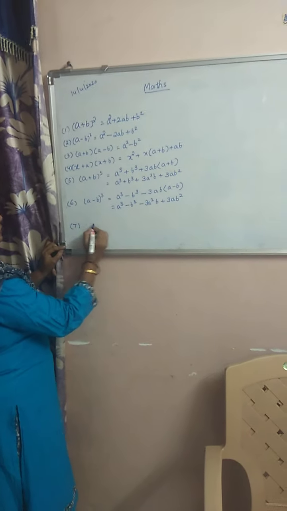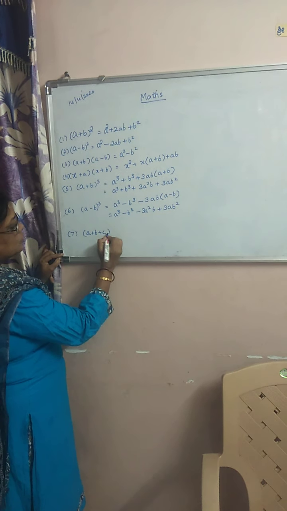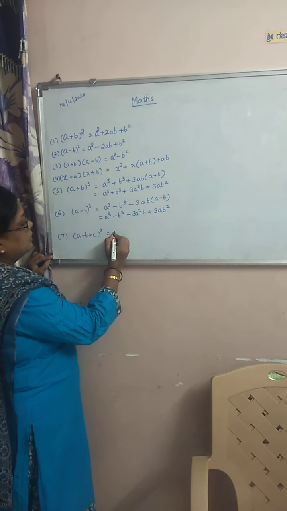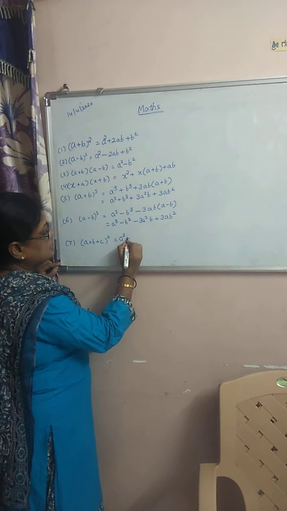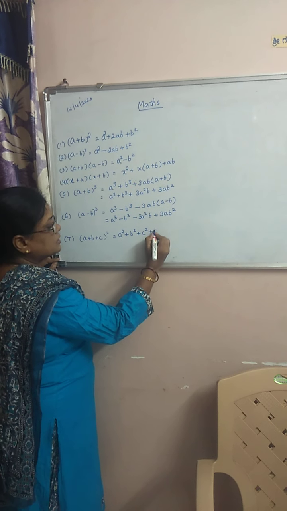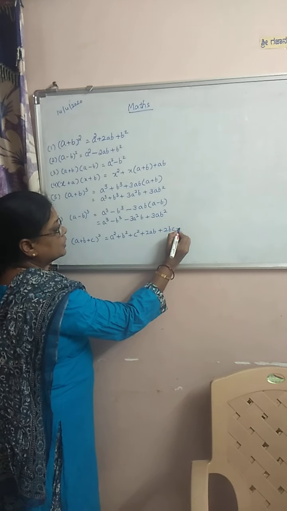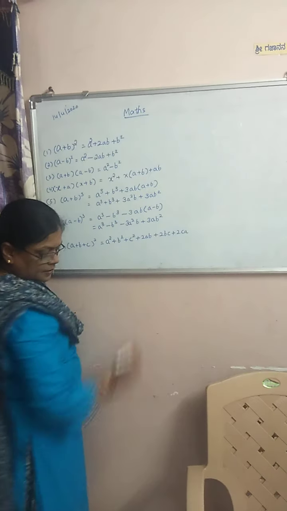Next formula, (a plus b plus c) whole square equals to what? a square plus b square plus c square plus 2ab plus 2bc plus 2ca.